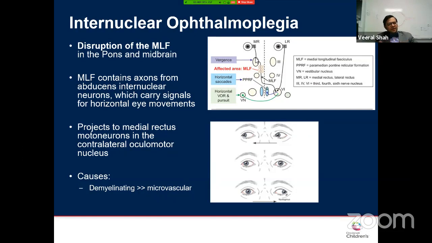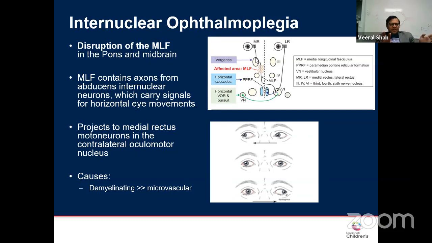I've seen plenty of INOs where it's not the classical. We all like to describe the classical relationship with the nystagmus on the left eye, as you're looking in the left gaze, and if the right MLF is affected, then I'm having an adduction deficit. This eye makes it over, but there's a beating left nystagmus.